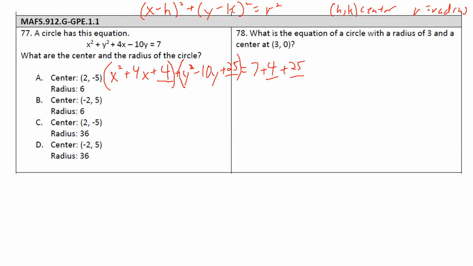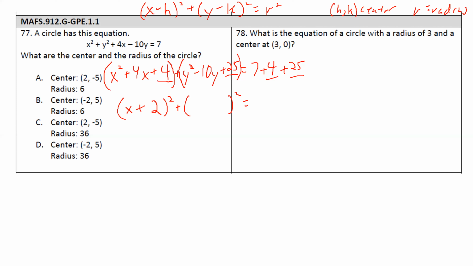So what happens next? I take those perfect square trinomials and I unsquare them into two binomials that are squared. For the perfect square trinomial, to move it back to a binomial that's squared, we're taking the square root of the first term, the square root of the last term, and the sign from the middle. So x squared, what's the square root of x squared? x. What's the square root of 4? 2. And the sign from the middle is a positive.